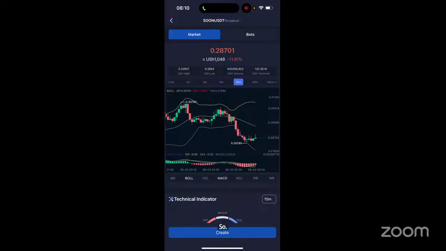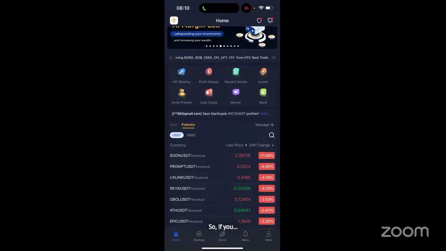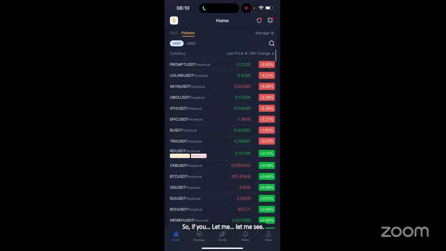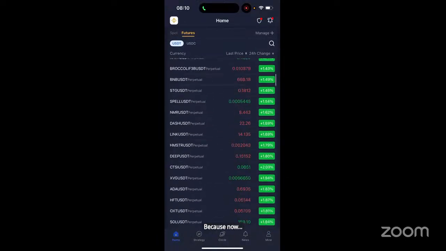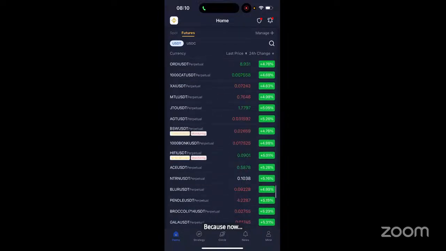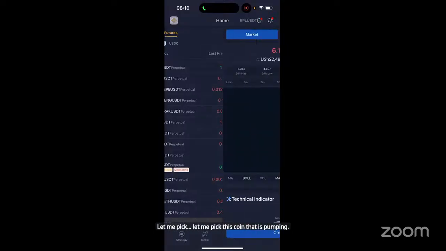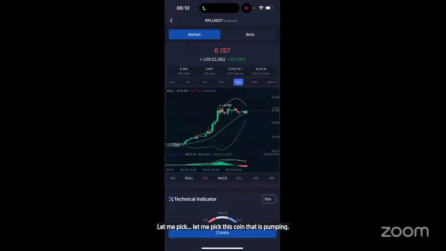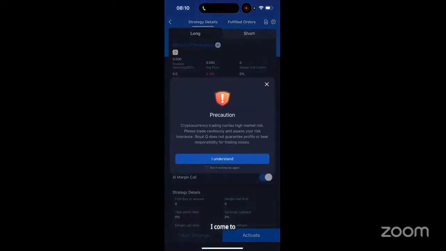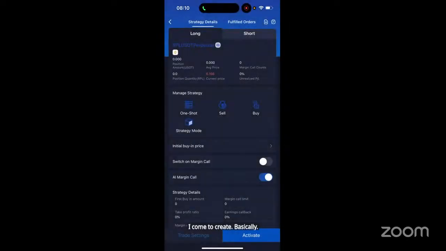So let me pick this coin that is pumping, RPL, in 15 minutes. Let me say I want to trade RPL. I come to create. Basically, this coin is pumping right now.